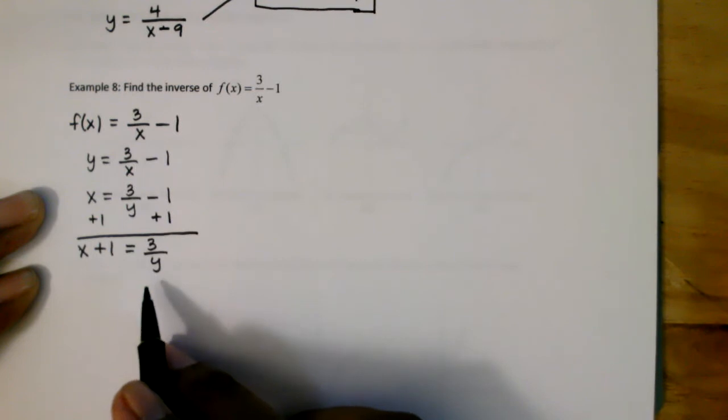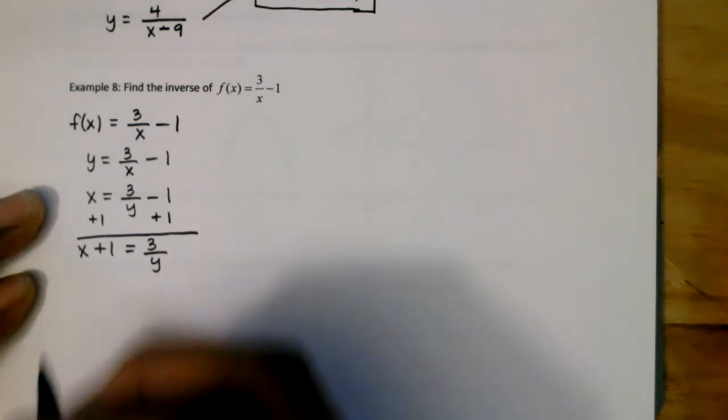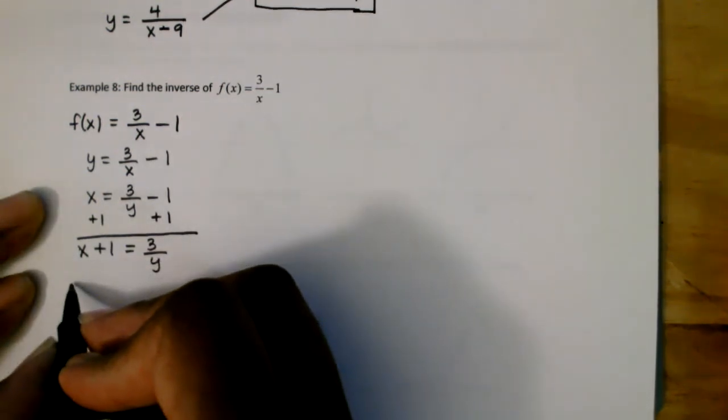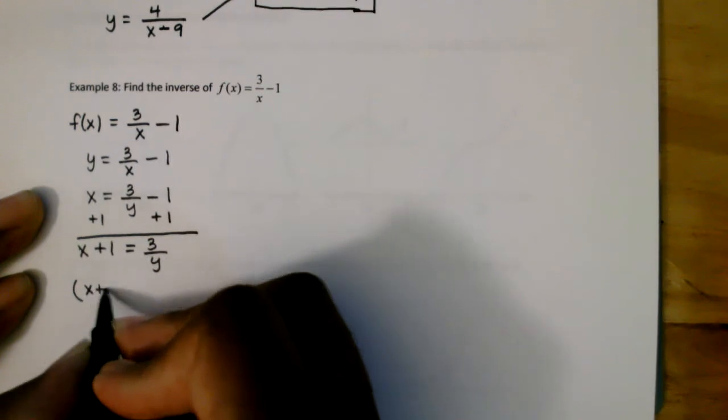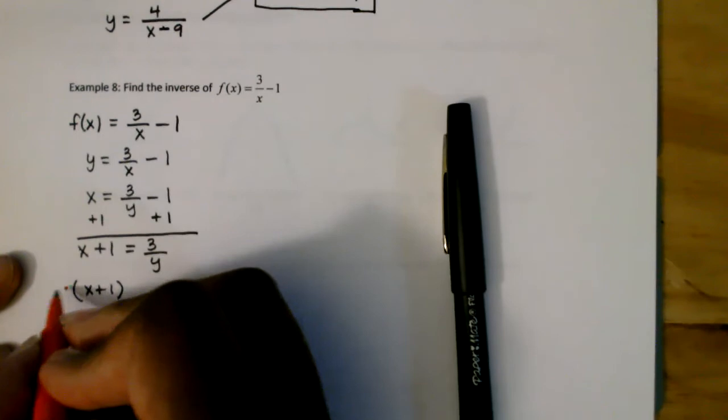And then I'm going to go ahead and get rid of the y by multiplying both sides by y. So here's what I'm going to do. I'm going to take that x plus 1, that's going to be multiplied by y.